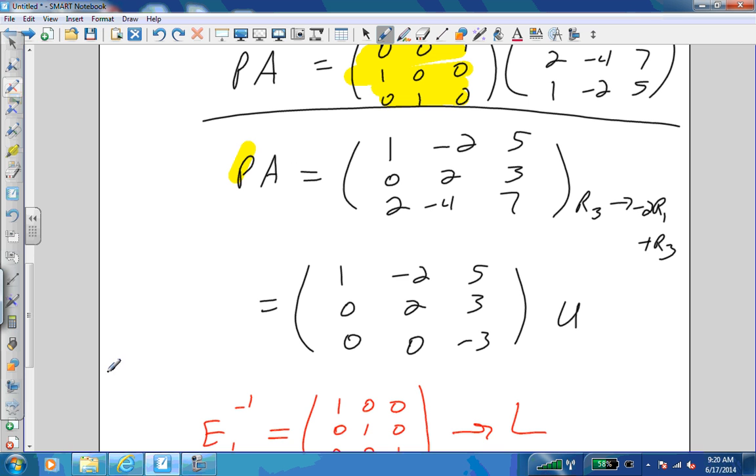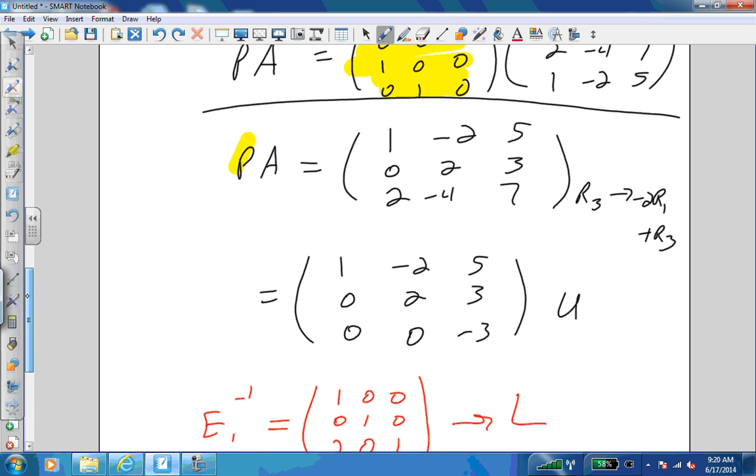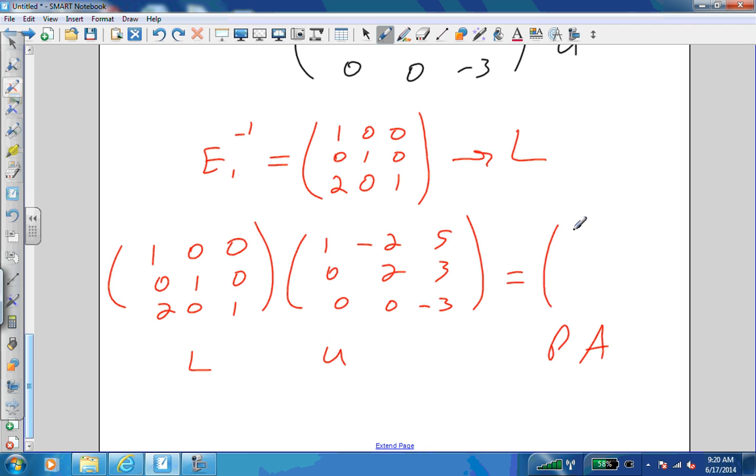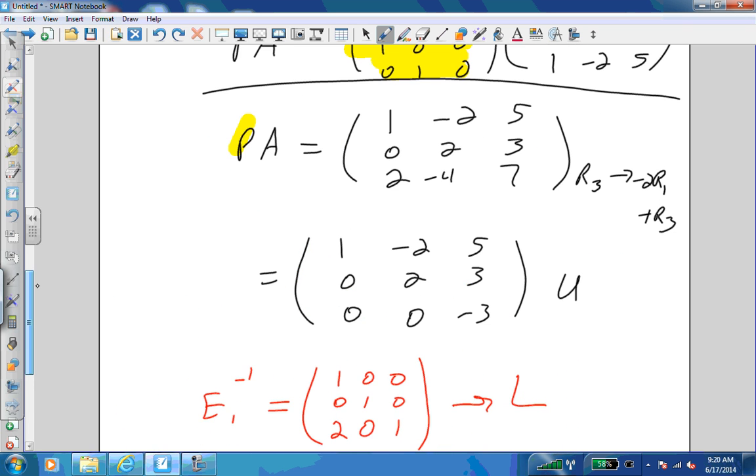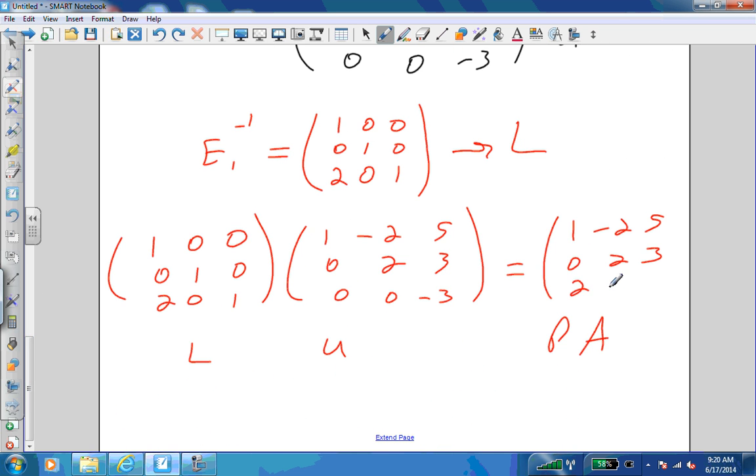So when we multiply that out, that's going to give us PA: 1, negative 2, 5; 0, 2, 3; 2, negative 4, 7.